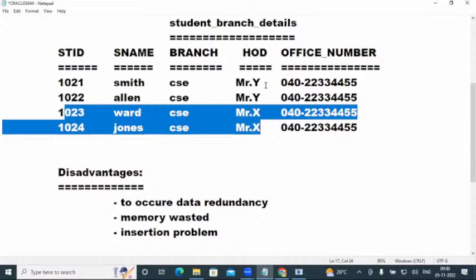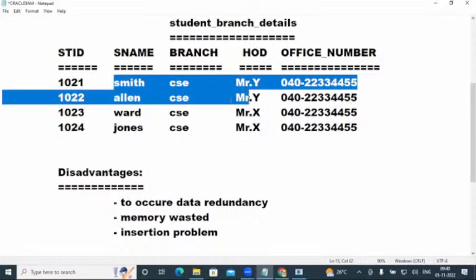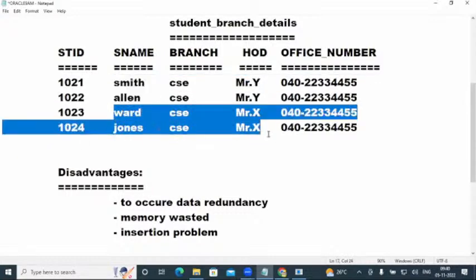In our early classes, we discussed data redundancy, data inconsistency, data retrieval. So data inconsistency means what? Confusion of data. Some students' HOD name is Y, some students' HOD name is X, so who it exactly is, we can't say. That kind of confusion is called what? Inconsistency problem.